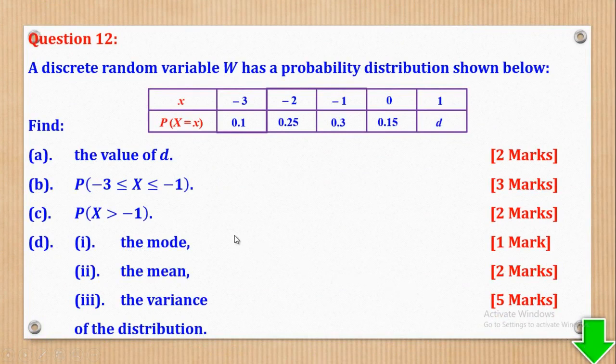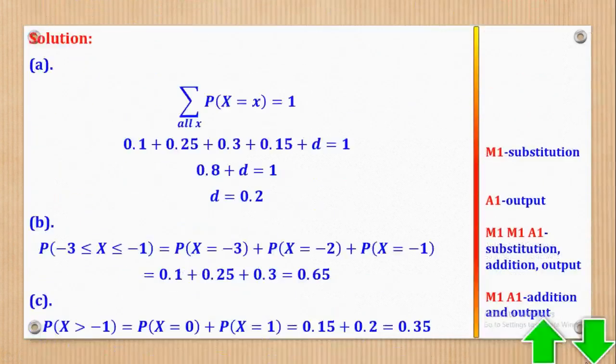So mode is the value of x whose probability is the highest. So in these values, it is 0.3 which has the highest probability. Therefore, mode will be -1. And we shall now come here and say that mode is equal to -1.